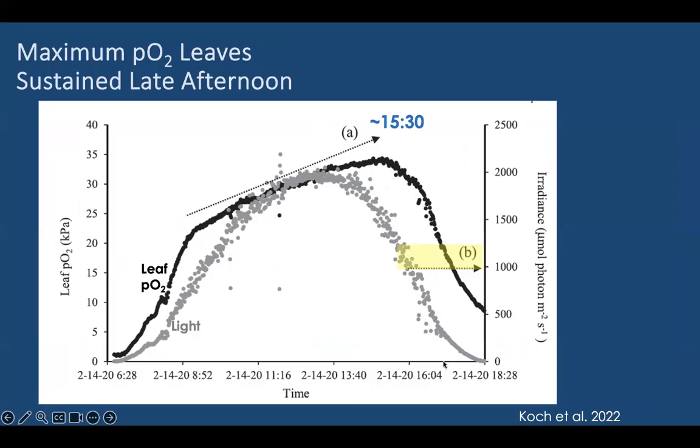So this is the light curve of one day. This is the leaf partial pressure of oxygen. You can see how it goes up very quickly, and then it stays at fairly high levels until about 1530, and that was pretty consistent over many plants. This also suggests that the high levels of accumulating oxygen are about 1,000 micromoles.